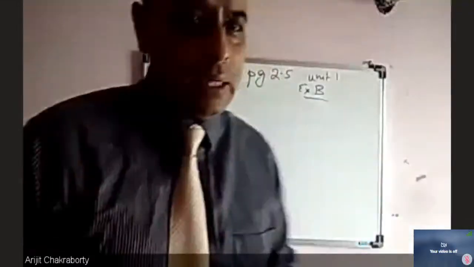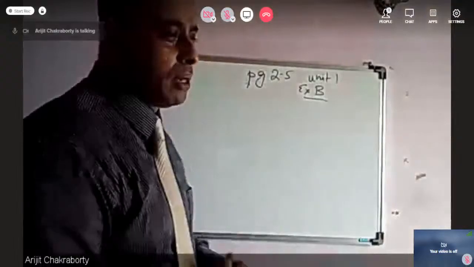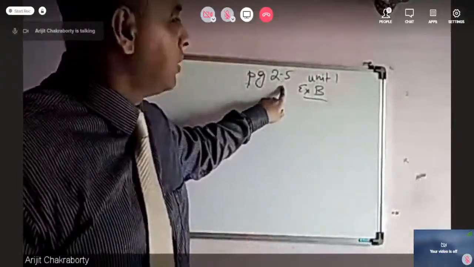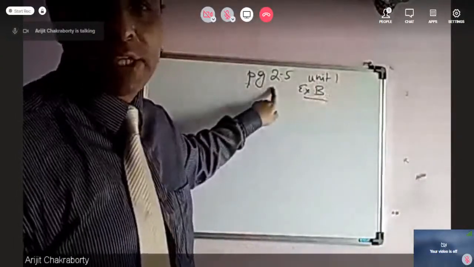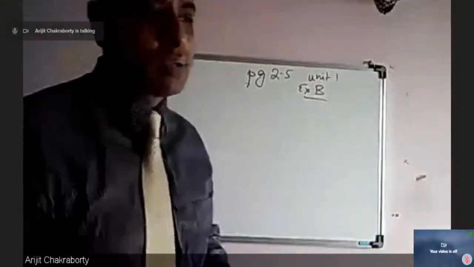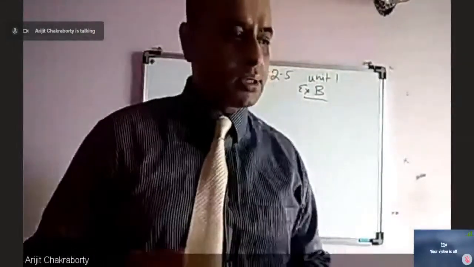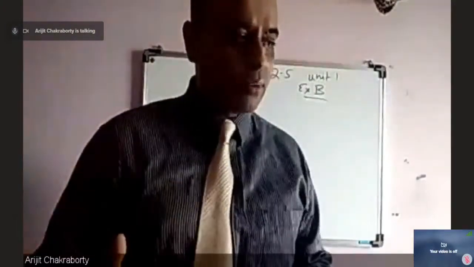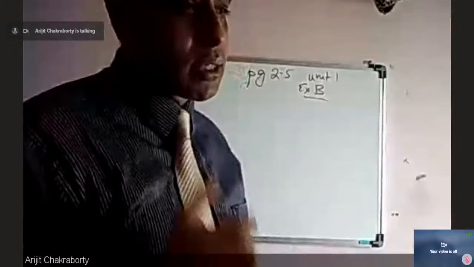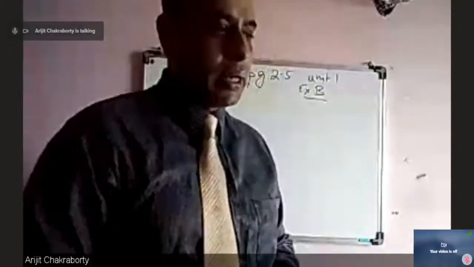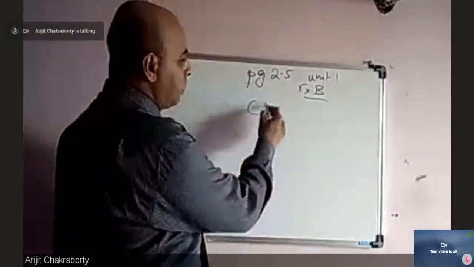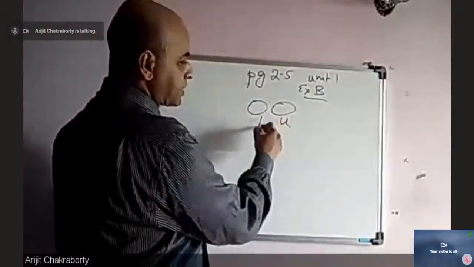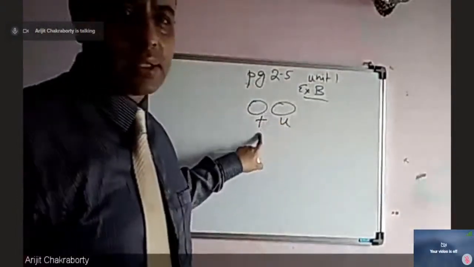Okay, so if you see this example, Unit 1, Exercise B, page 2.5. Now, the sum of the digits of a two-digit number is 10. If 18 be subtracted from it, the digits in the resulting number will be equal. Now, let us assume you know that a number has units place and tens place. Units and tens.